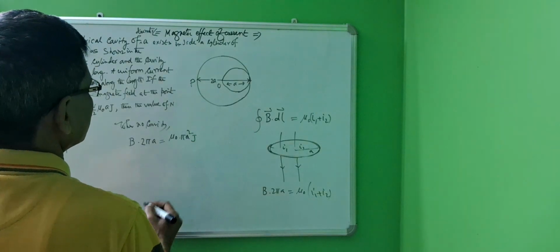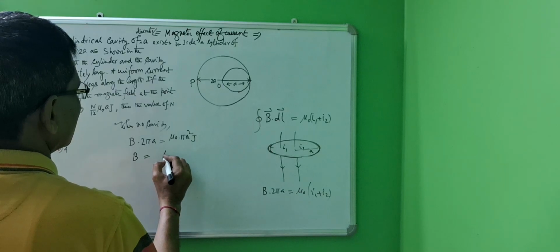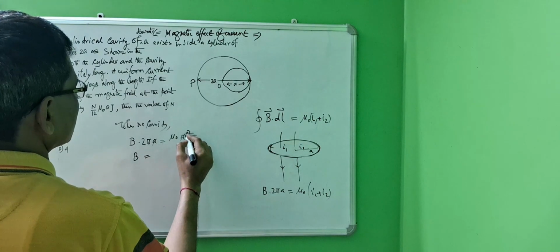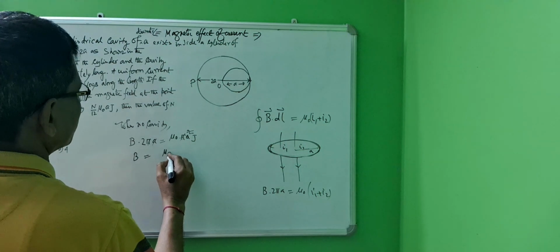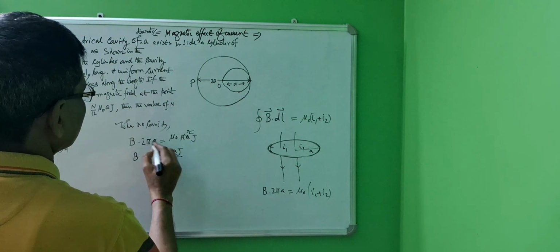From this we get B equals mu 0 A J upon 2.